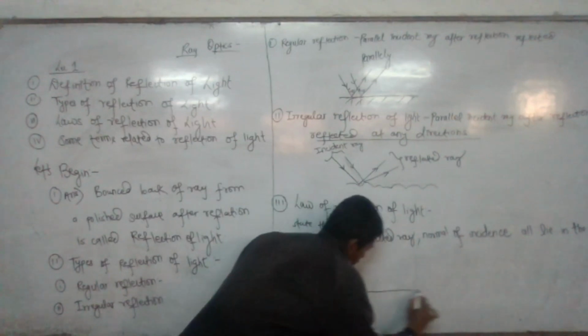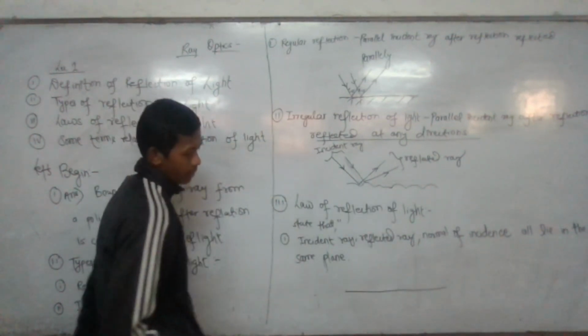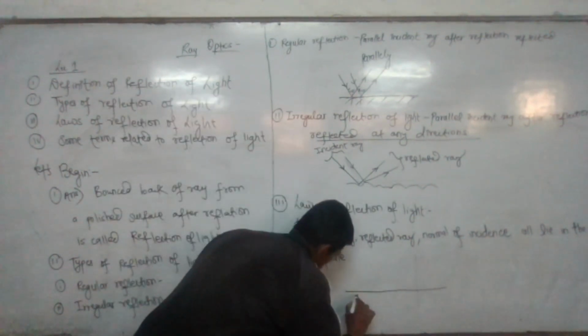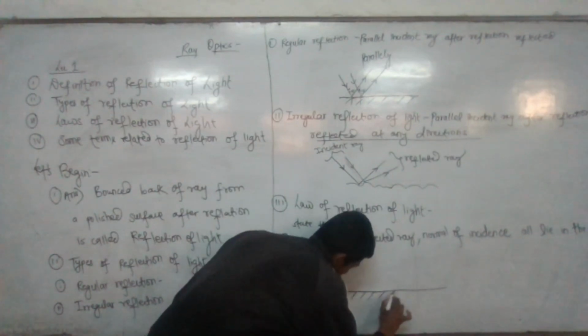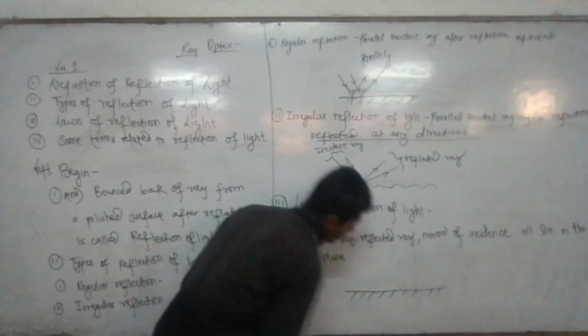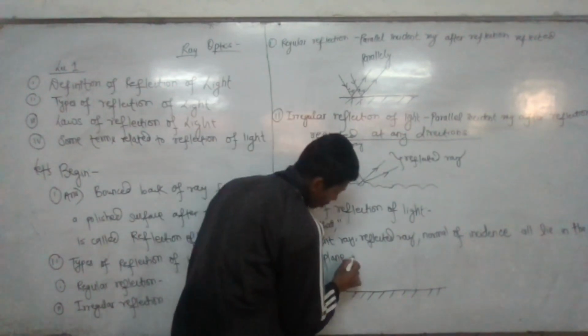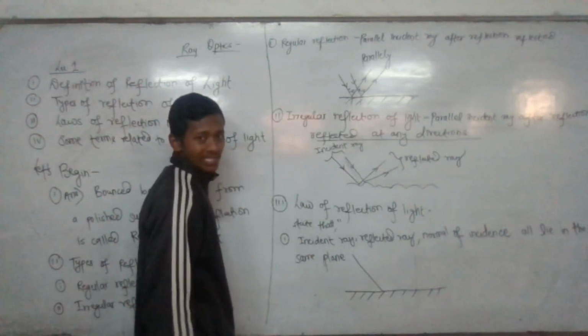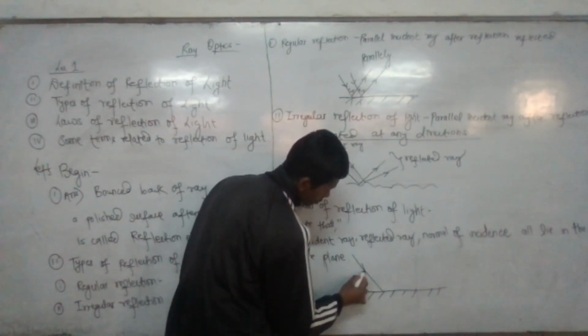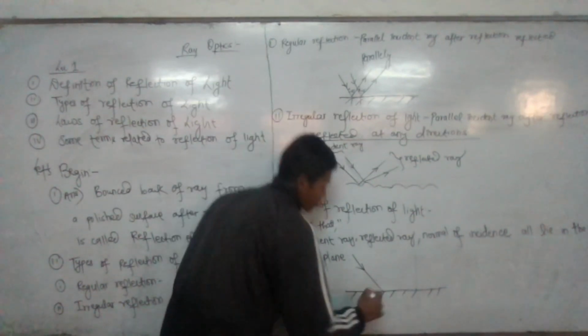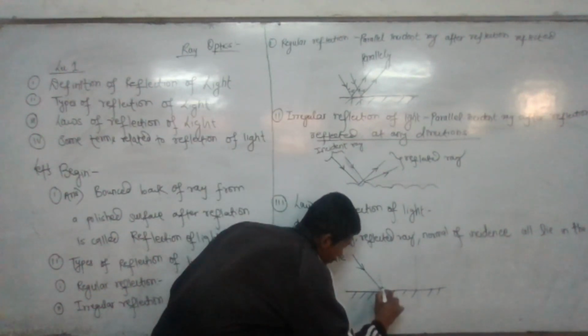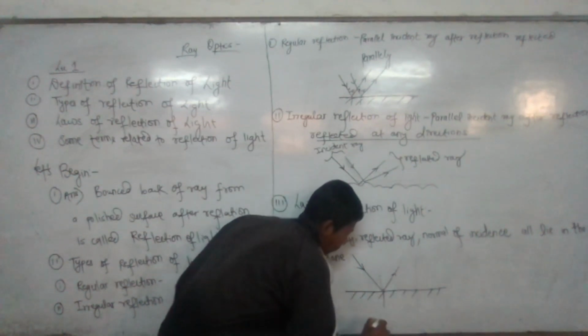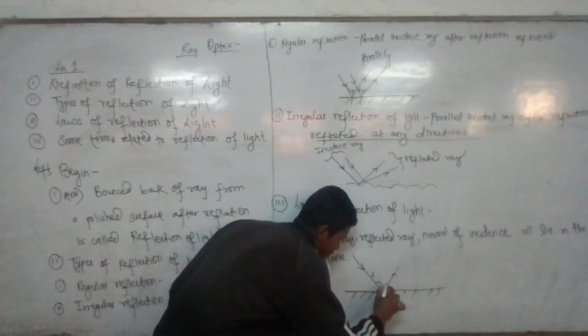It means, suppose this is a plane mirror. Whenever the incident ray strikes the surface of this mirror, after reflection the reflected ray comes back at the same angle as the angle of incidence.